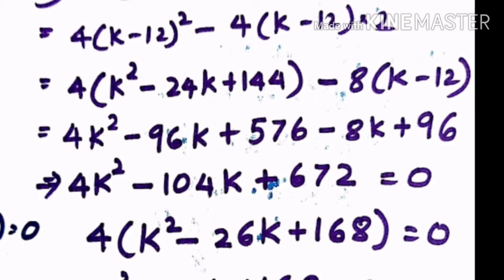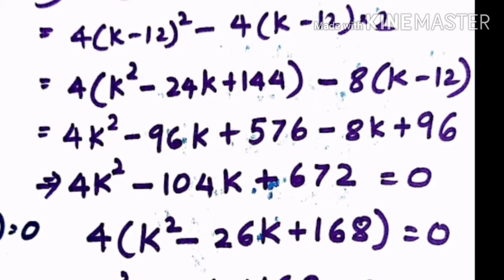Now opening the bracket I get 4k² minus 96k plus 576 minus 8k plus 96. Now taking all the like terms together and simplifying I get 4k² minus 104k plus 672 is equal to 0. Again it is equal to 0 because the roots are equal, given in the question.